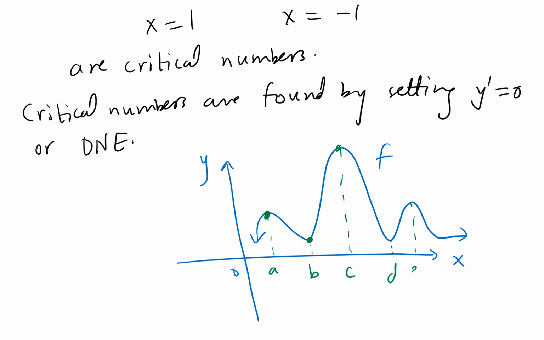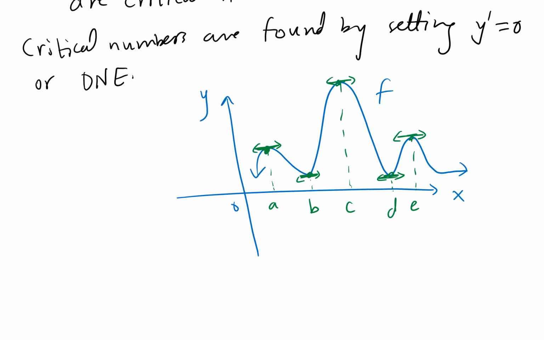At this point, e. At these points, we can draw horizontal tangent lines. As you can see, that's a tangent line, horizontal tangent lines. So y prime for this graph would equal 0 at x equals a, b, c, d, and e.